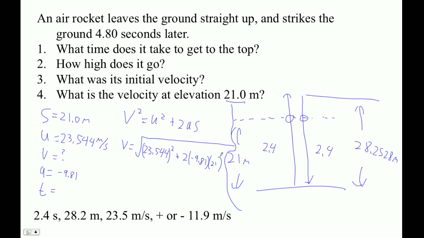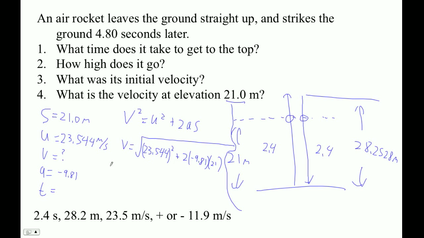So square root, left parenthesis, 23.544 squared plus 2 times negative 9.81. Don't forget the negative on the 9.81, otherwise it'll be going faster. Times 21.